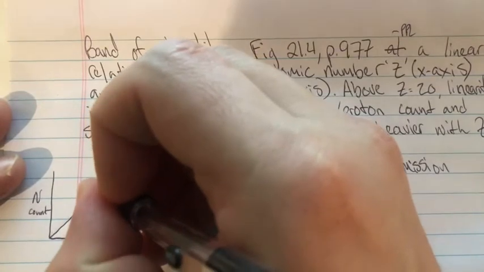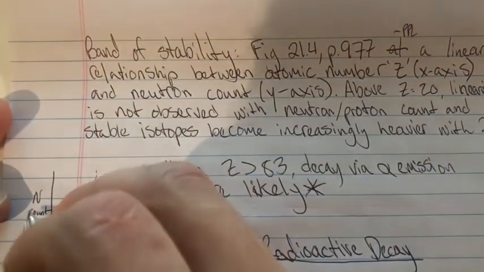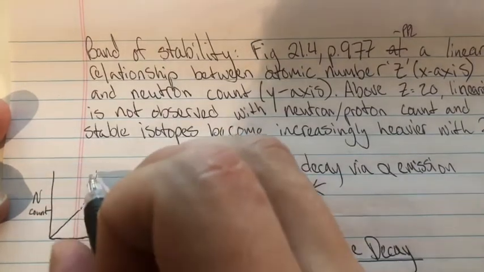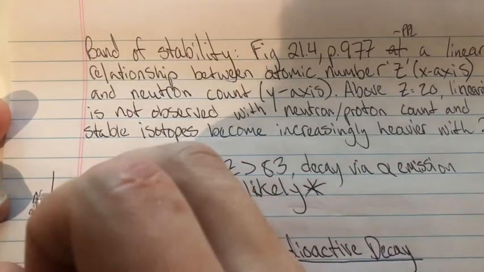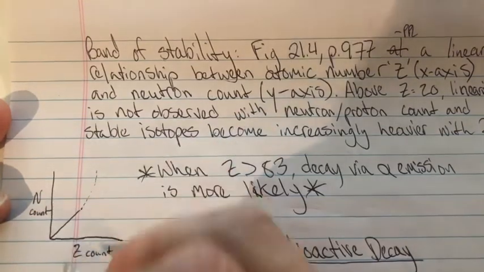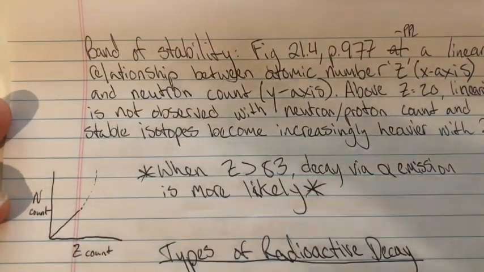And then at about 20, that's when things start to veer off. You have a higher band of stability, or a higher probability of stability, where the N count is going to be higher than the Z count. As you get higher in atomic number on the periodic table, you'll notice that the average atomic masses are going to be slightly higher, right? So it's not going to fall right in lockstep, where 25 plus 25 gives you exactly 50.